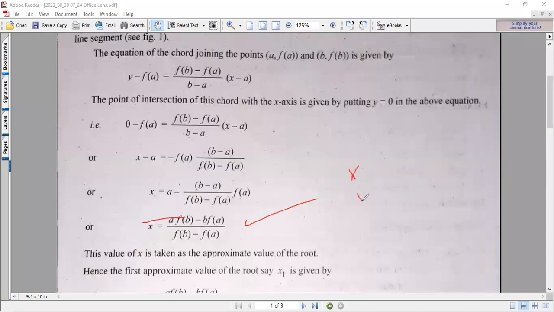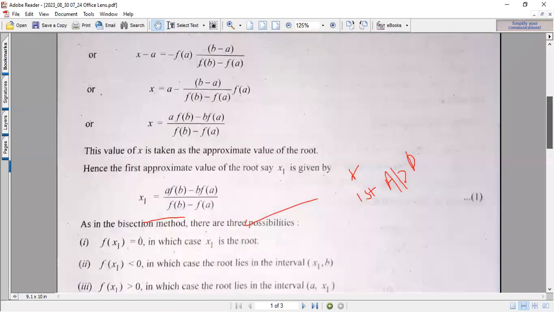This is the first approximation. Hence the first approximation value of the root, say x1, is given by this.